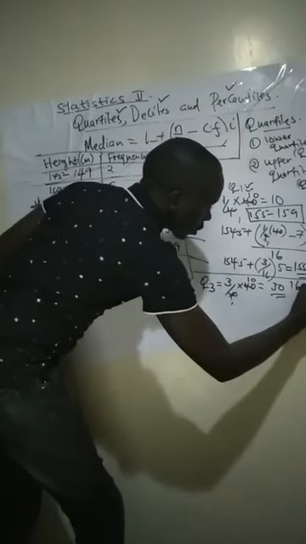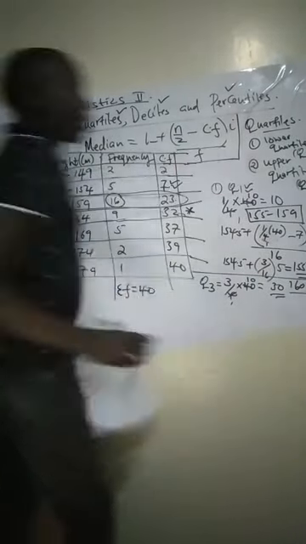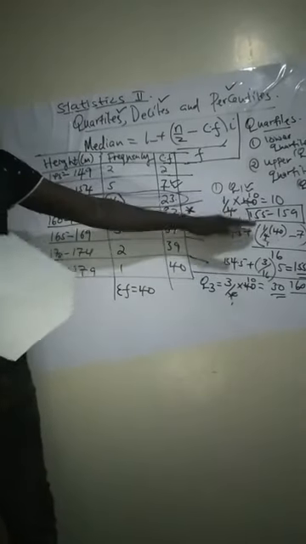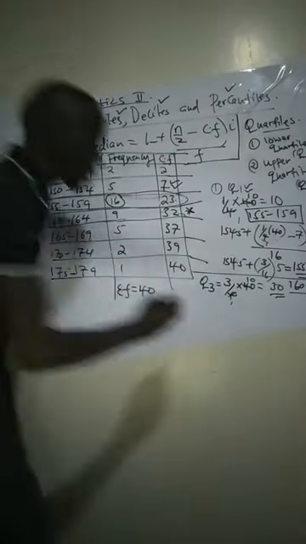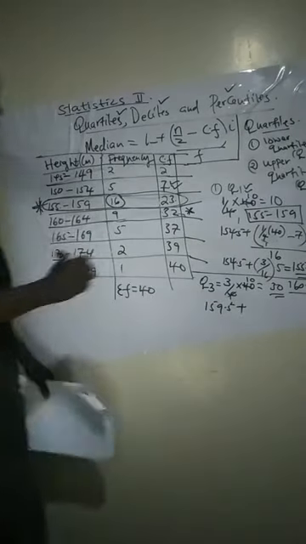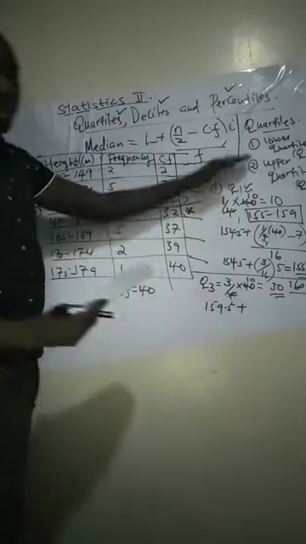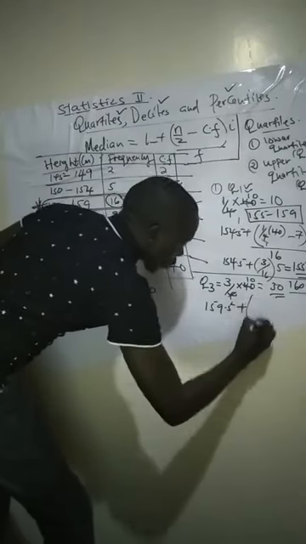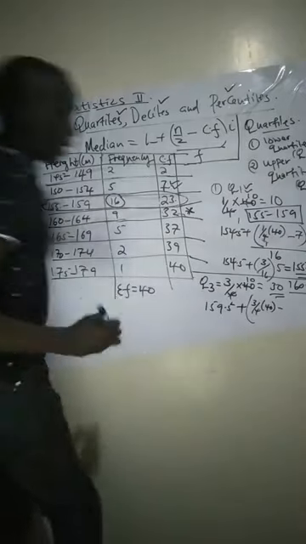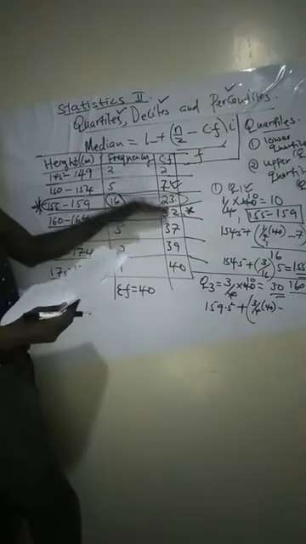Having identified that, it becomes easy to just replace the same way we've done here. So lower class limit is 159.5 plus, in this case it's 3 over 4, not 1 over 4. So 3 over 4 of 40 minus CF, the cumulative frequency above.